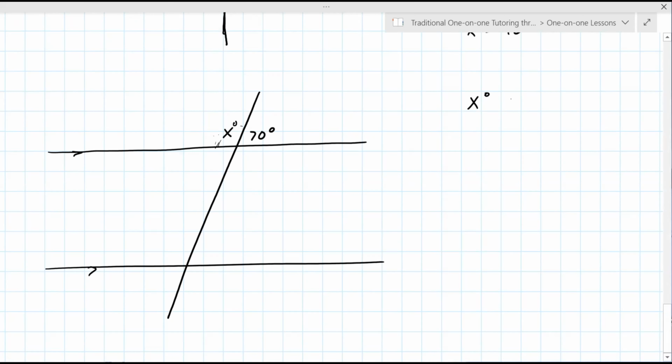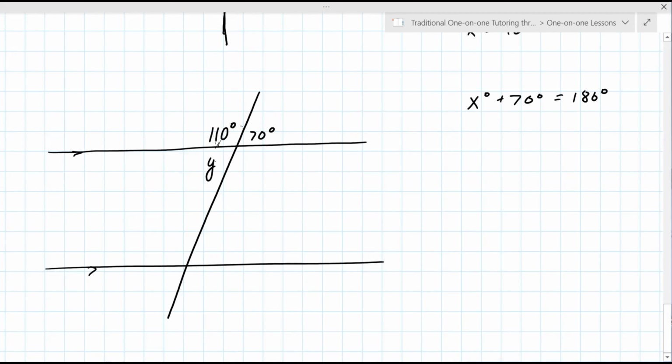That's right. So X degrees plus 70 degrees equals 180 degrees. Can you solve that for X, please? 110. So let me replace it here. This is now 110 degrees.